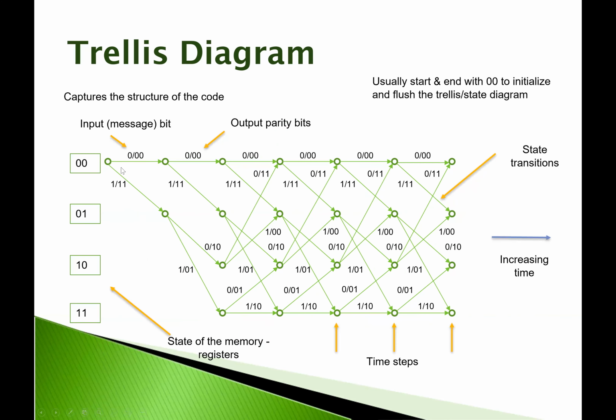So we can see here, if we start at 0, 0 and we get a 0, then we stay in that state. If we get a 1, then we move to state 0, 1, and we output a 1 and a 1 in that case.